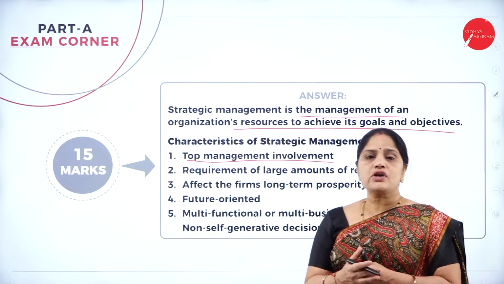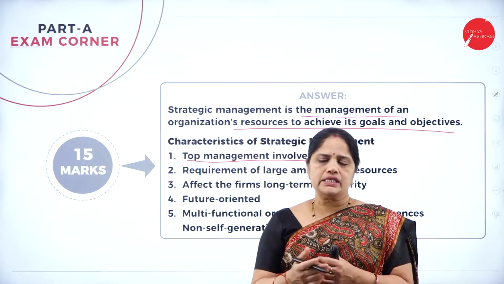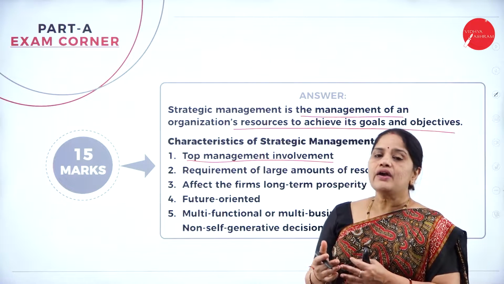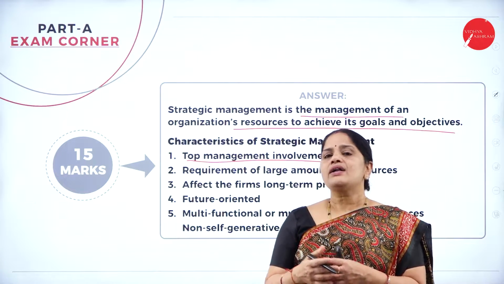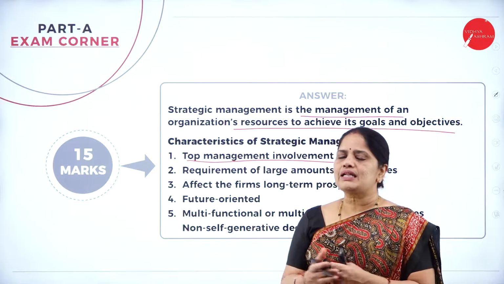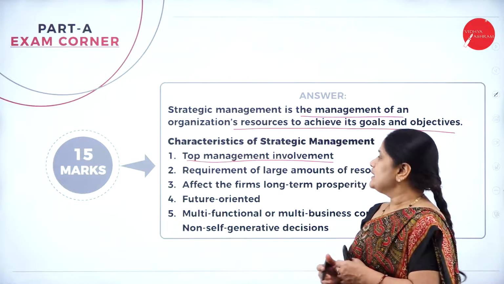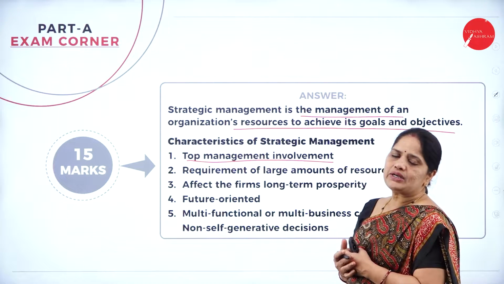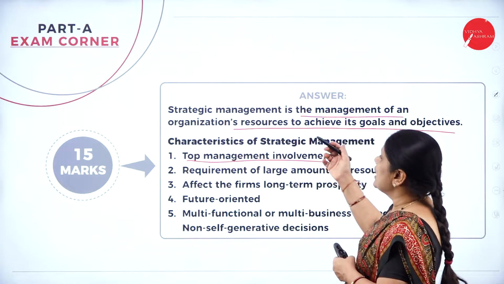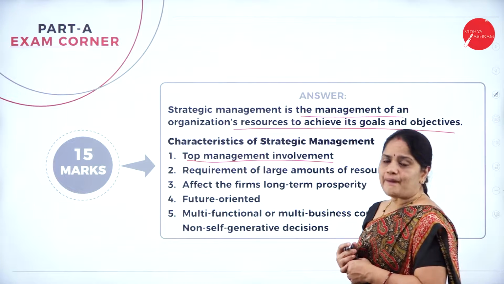Now, who comprises the top management? We have the CEO or the chairman of the organization, the board of directors, and all the general managers of the various heads. They comprise the top management, and with the involvement of the top management itself, we have to formulate the strategic management.